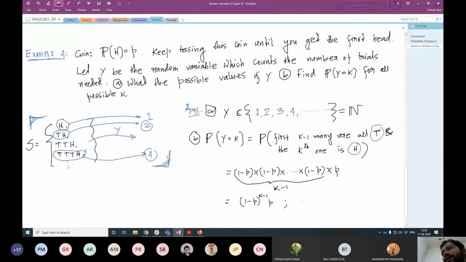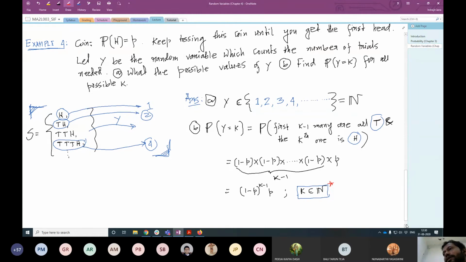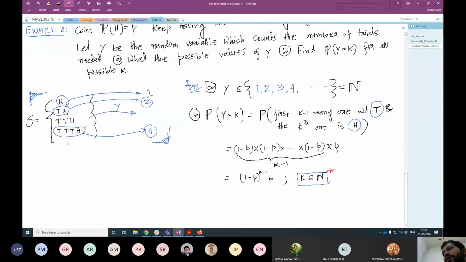Once again, most importantly, whenever you're writing these probabilities, we need to write down the possible spectrum of K, which is the set of all natural numbers. This is a very important clause. Whenever you're writing this on a test or anything, you have to mention the range of K for which this formula is valid. If you leave it blank, then this won't make any sense.